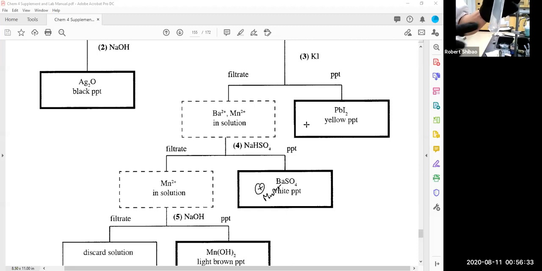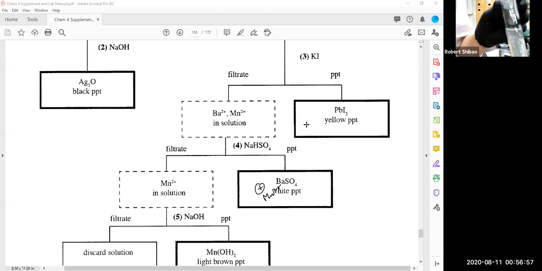I might go for a 4th, but it seems like nothing's happening. And that was 3. Sometimes things can happen, but it's looking like this one came out negative for lead. Well, that's fine because that means we don't have to filter it.